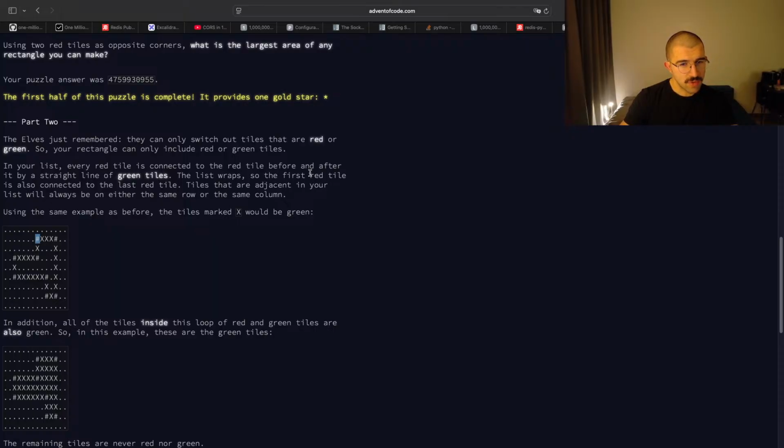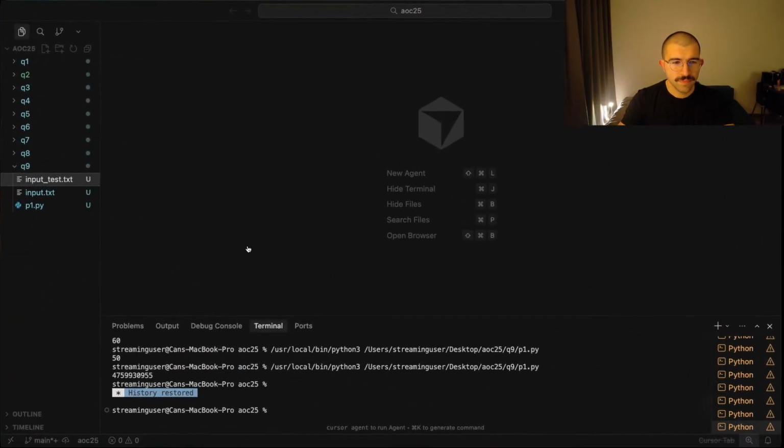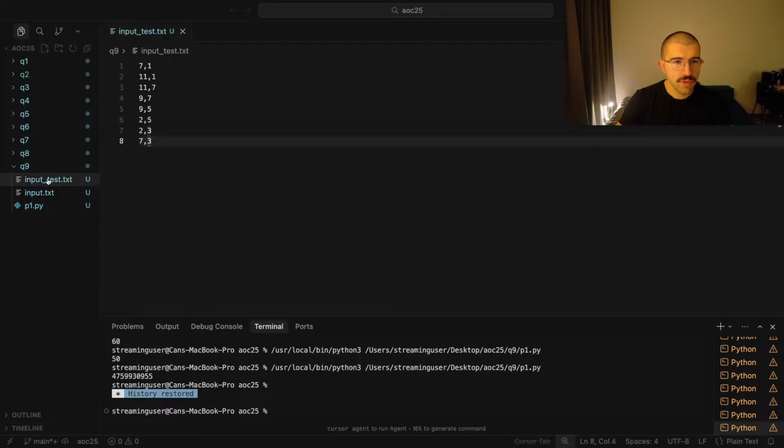The list wraps, so the first red tile is also connected to the last red tile. Let's have a look at the input. Yeah, basically 7,1, 11,1. So these are matching. Here these coordinates are matching. Here this one matching. Matching, matching.